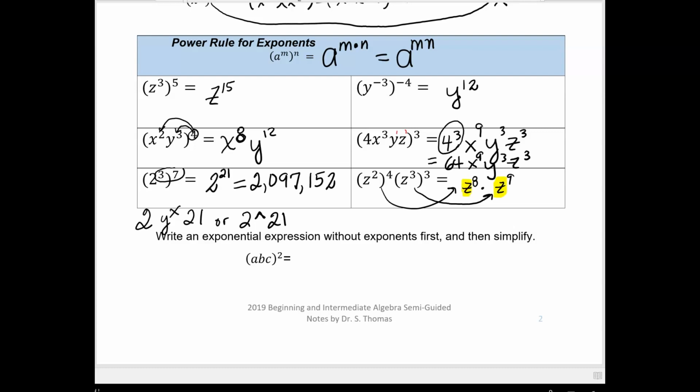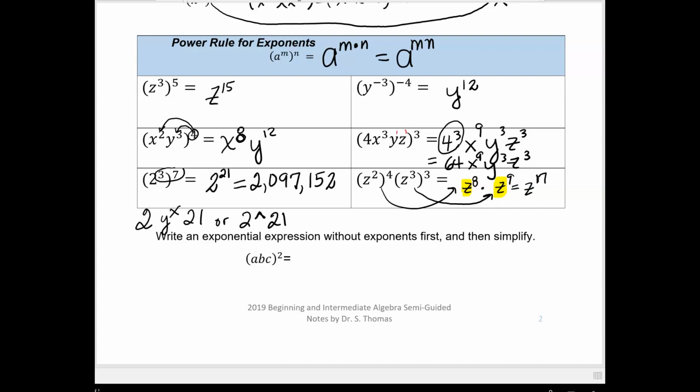That's your hint. Because we have the same base, therefore we must combine those two. So we get z to the what power? 17th power, since 8 plus 9 is 17. Let's move on to the next rule.